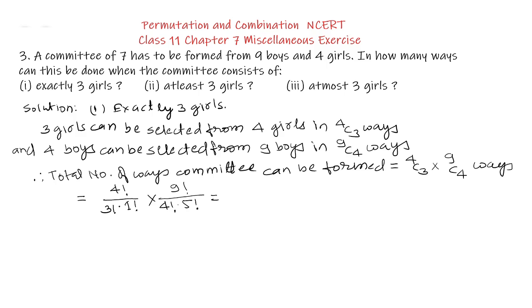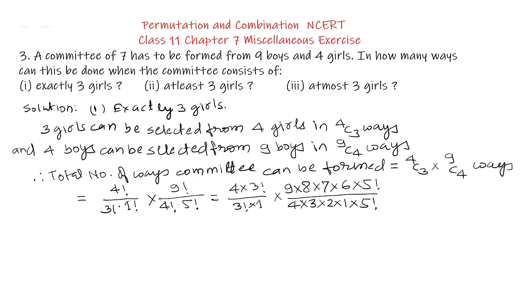Factorial 4 can be written as 4 into factorial 3 upon factorial 3 into 1 multiplied by 9 factorial can be written as 9 multiplied by 8 multiplied by 7 multiplied by 6 multiplied by 5 factorial upon 4 factorial can be written as 4 into 3 into 2 into 1 into 5 factorial.